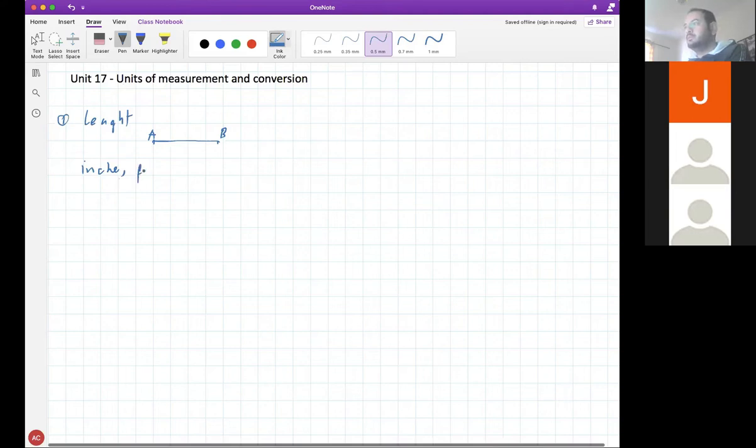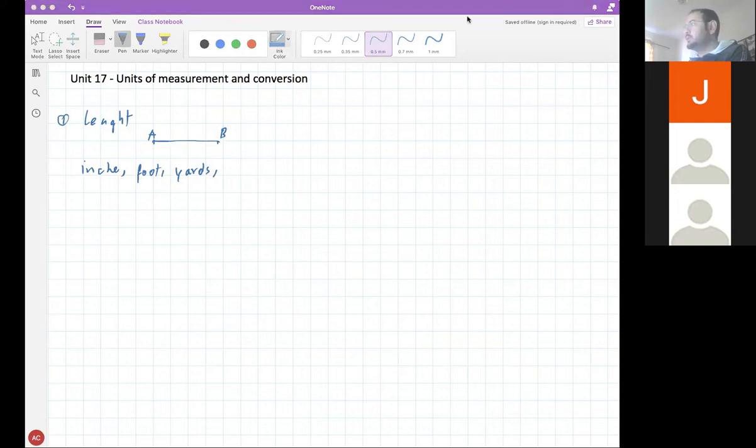Inch, foot, and then it's yards. Yards, exactly. Okay. What else? Any other higher units? Think about traveling from one city to another. The distance between two cities, for example. What do we measure that in? Inches or yards?